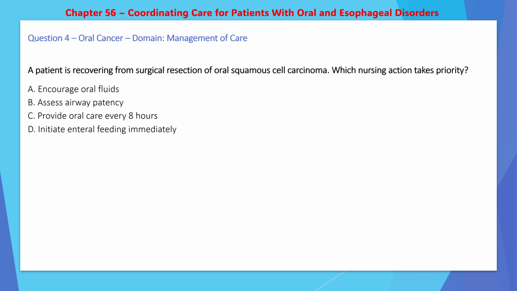Question 4, oral cancer, domain: management of care. A patient is recovering from surgical resection of oral squamous cell carcinoma. Which nursing action takes priority? Encourage oral fluids, assess airway patency, provide oral care every 8 hours, initiate enteral feeding immediately.